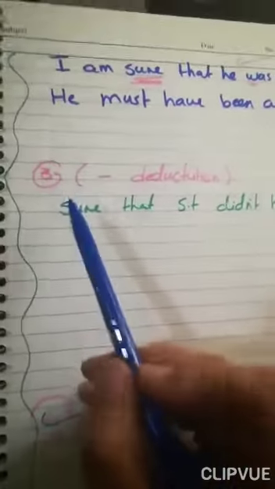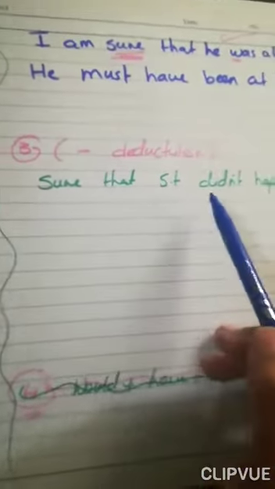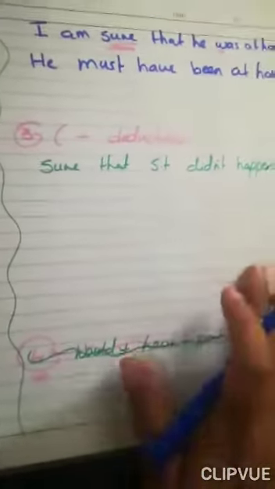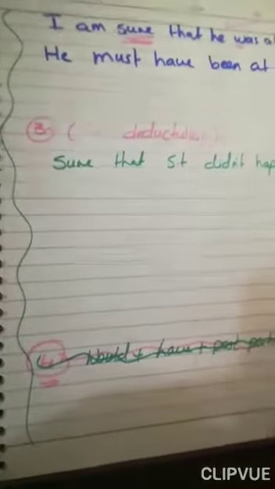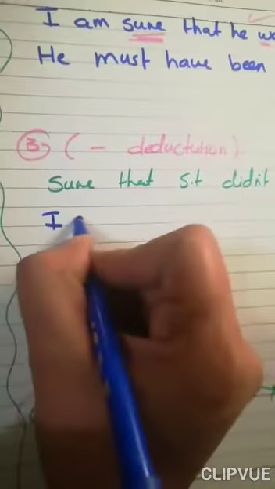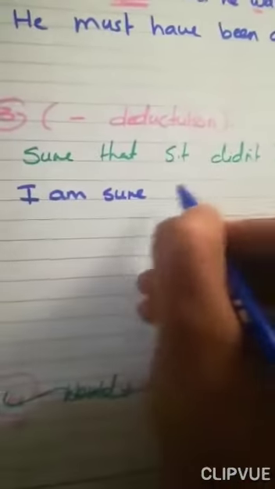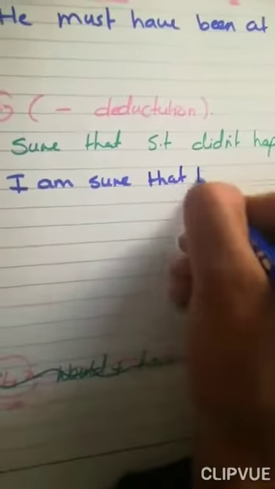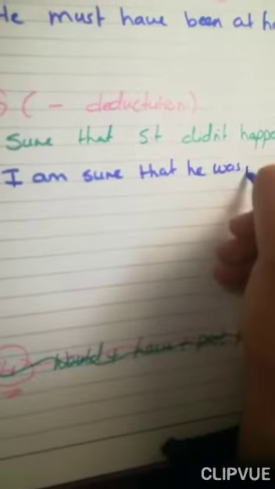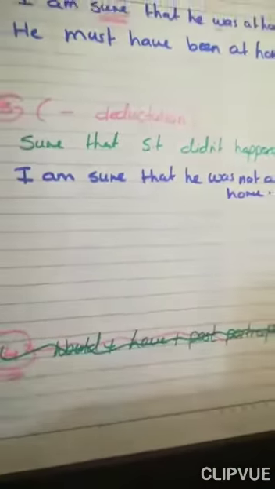The third group is negative deduction, when you're sure that something didn't happen. What does that mean, Ms. Dana? I'm going to use the same example to make things really easy for you. If you say, I am sure that he was not at home, what are you going to do here?